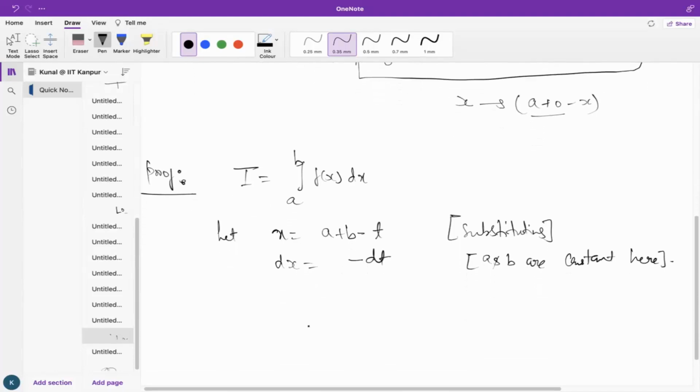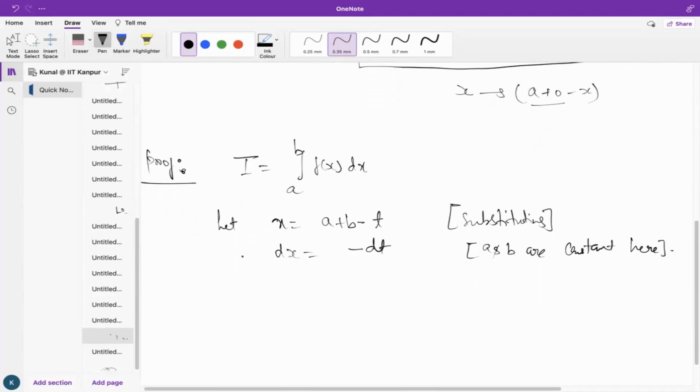So now, on the limits. First we integrated in terms of dx.